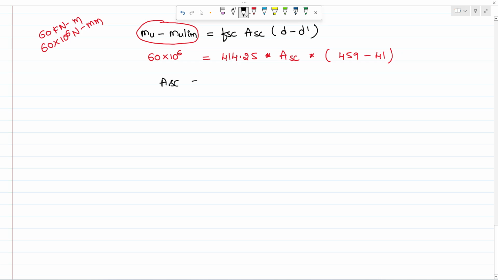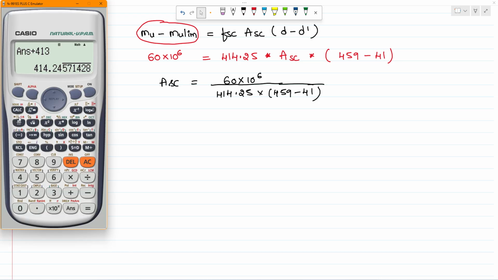So ASC equals 60 into 10 power 6 divided by 414.25 multiplied by 459 minus 41. Let me solve this. 60 into 10 power 6 divided by 414.25 into 459 minus 41.